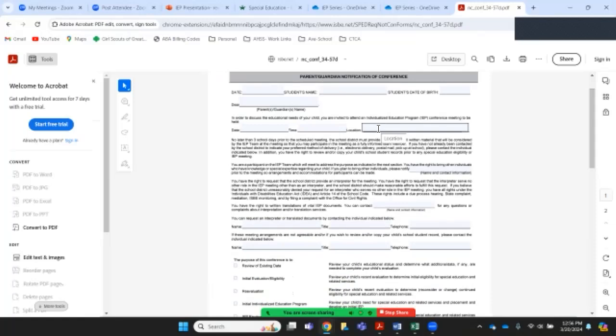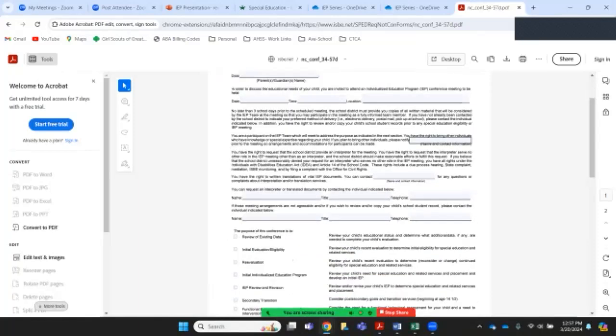It should be located at their school. If they haven't been assigned a school, most likely it'll be their home school within your address. It will also provide you with contact information as to who to contact prior to the meeting so that arrangements and accommodations for participants can be made.